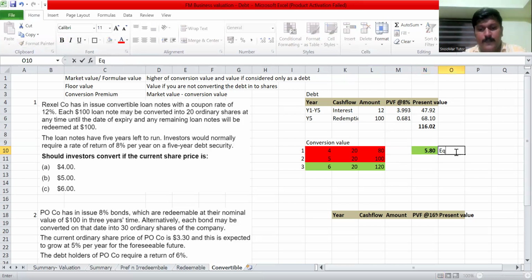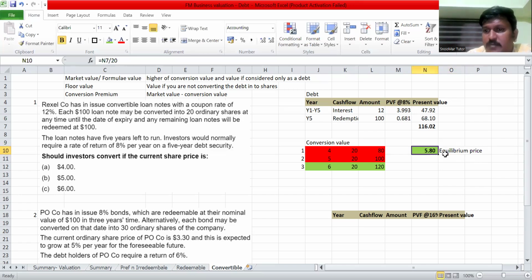How have we calculated the equilibrium share price? The present value, or the market value, of this security if it is considered only as debt, divided by the number of shares if one loan note is converted into shares. So 5.80 is the equilibrium price at which we can convert.